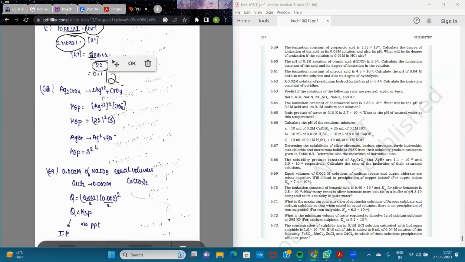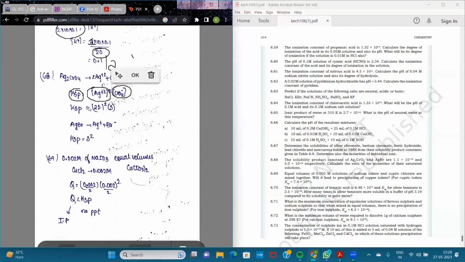We'll go on with the next question, 68th question. The solubility product constant of Ag2CrO4 and AgBr, that is solubility product Ksp. For the concentration of Ag plus, the stoichiometric coefficient is 2, so we'll raise the power of 2 here. And for chromate ion concentration, the stoichiometric coefficient is 1, so we'll raise the power of 1 here.